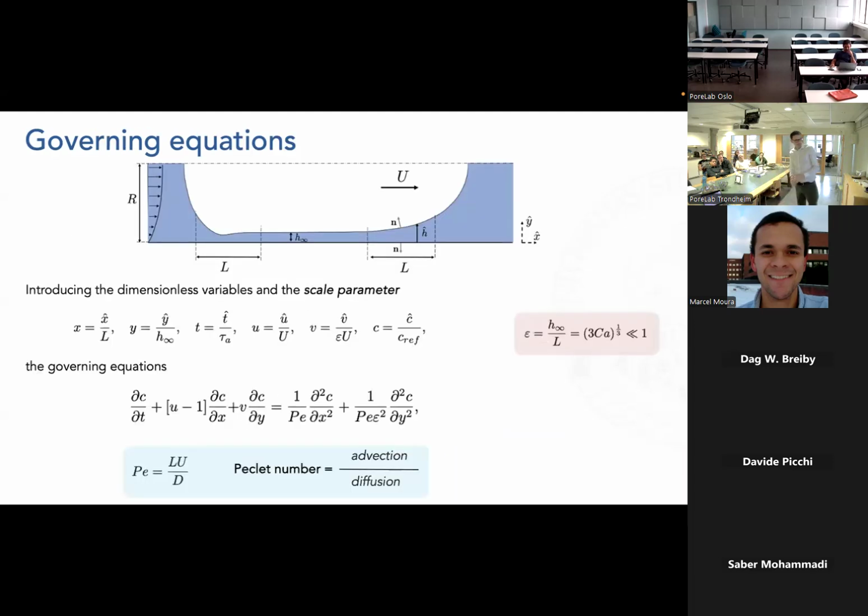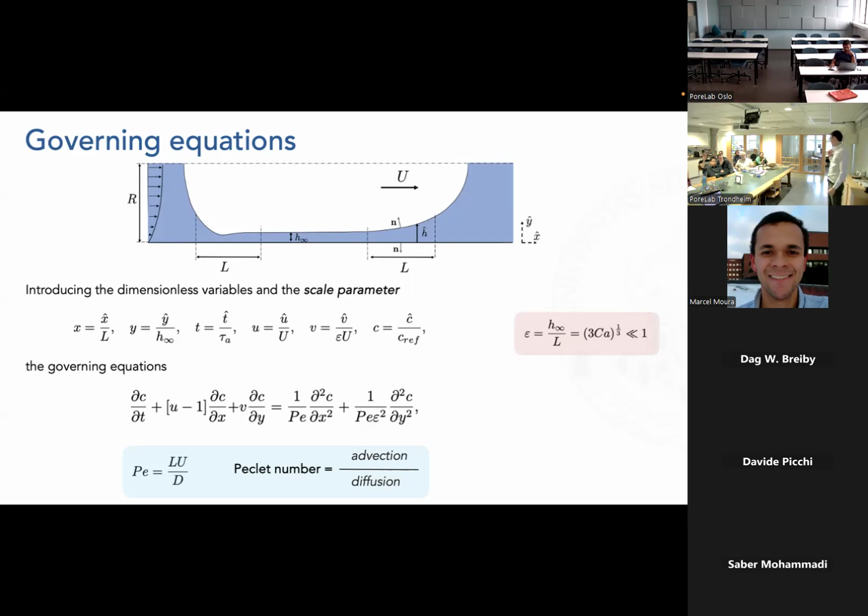And so the idea is, in order to apply the machinery, in order to obtain a model, we have to make the problem dimensionless. How can we make the problem dimensionless? We're just introducing some length scales. We use the film thickness in the central part of the bubble to normalize the y direction. We use the same L to normalize the x direction.